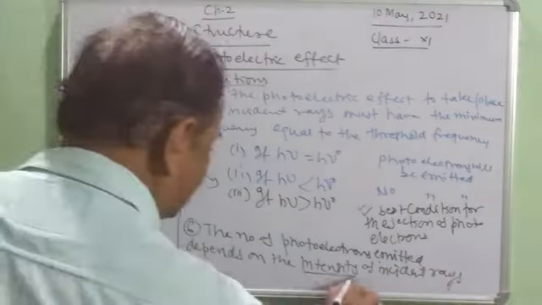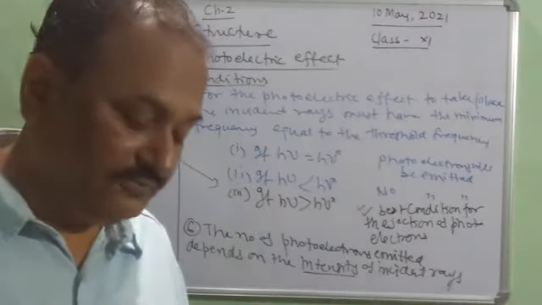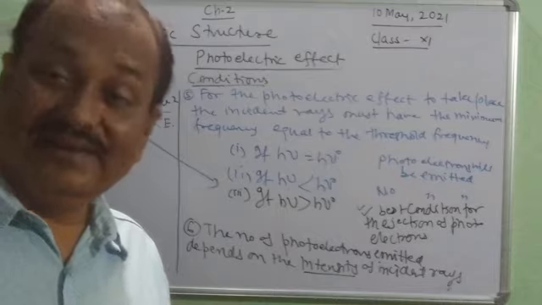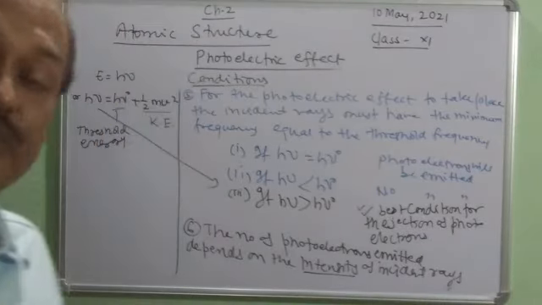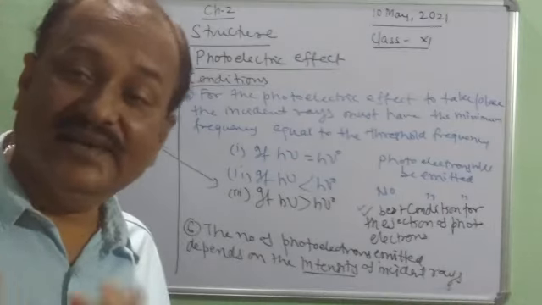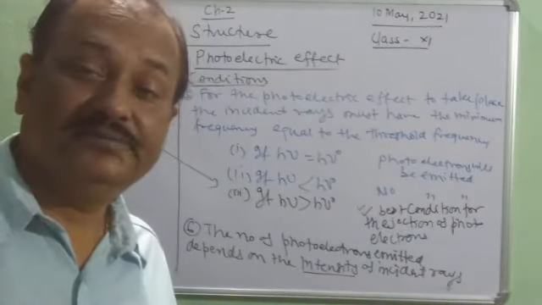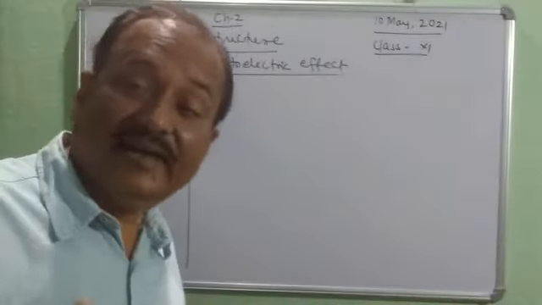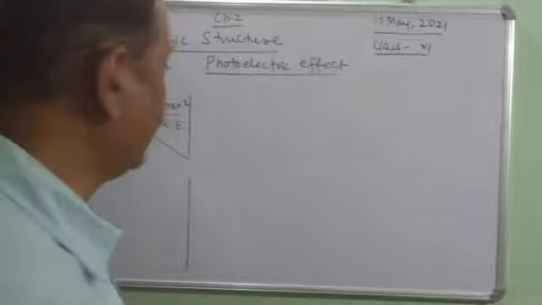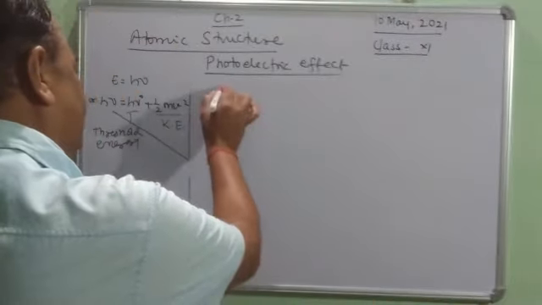Intensity means the sharpness of the light rays. For example, the photoelectrons are emitted less in the morning hours and in the evening hours. Children, the last part we'll see is the applications.